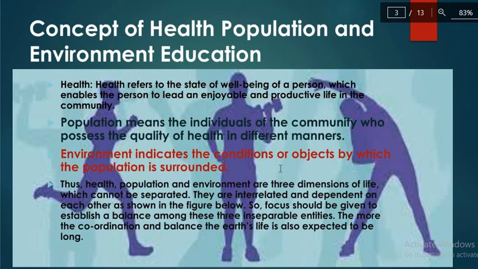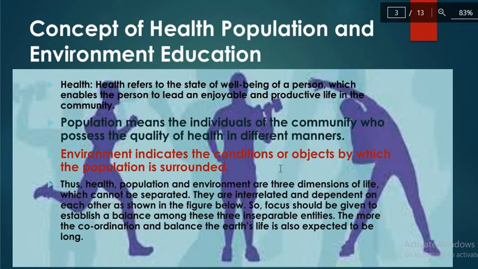To be healthy, the person should be able to enjoy, which is directly related to social health, and should also be productive in the community. He should have some ability to contribute to the community. Otherwise, that person is supposed not healthy.